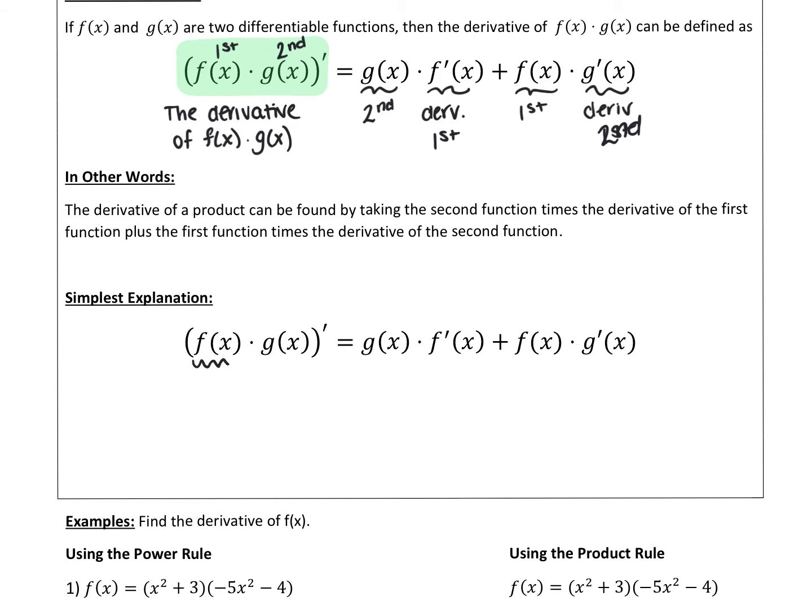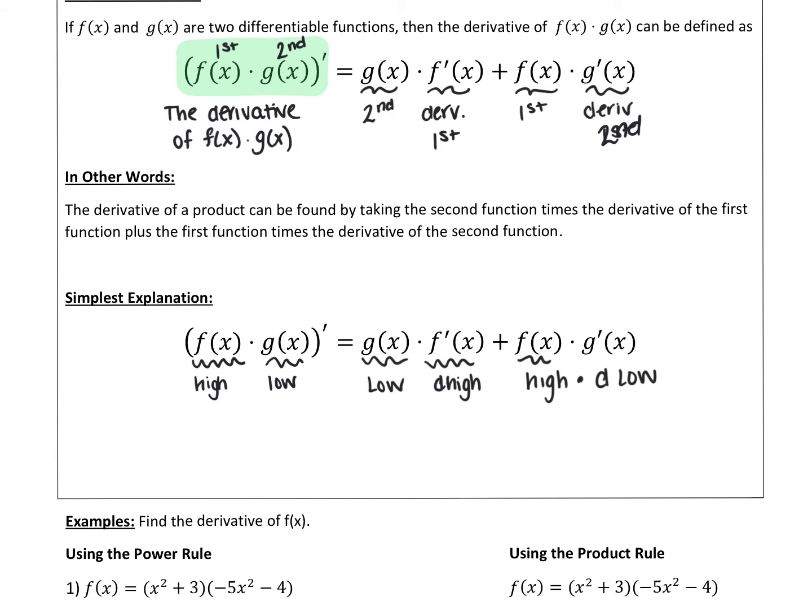I like to call this first function my high function, and the second function my low function. So what I'm going to say is g of x is my low, f prime of x is my d, or derivative, of my high, plus my high function times the derivative, d, of low function.